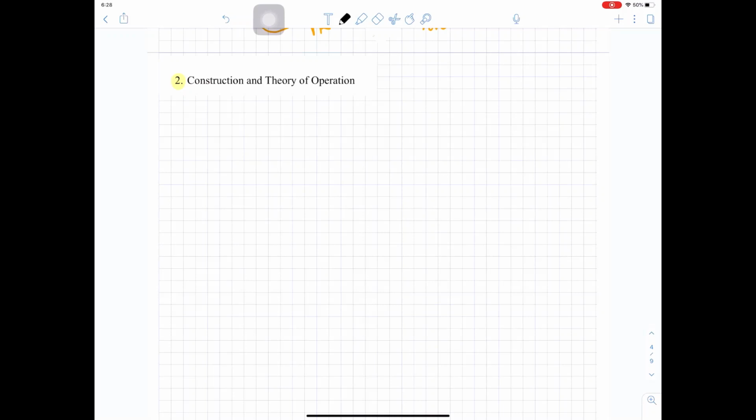So assume that we have a coil, and the coil means we have two conductors like this. So this is like one turn coil.